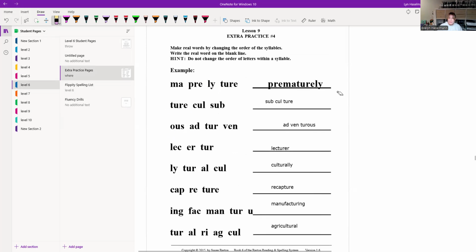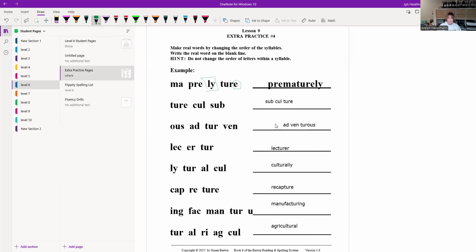So we've got prematurely. I would have them work smarter and not harder. If they see that there's an E on here, then they know that this is either the end of the word or they're going to be adding a consonant suffix. So that's one way that they can work through these if these are really tricky.